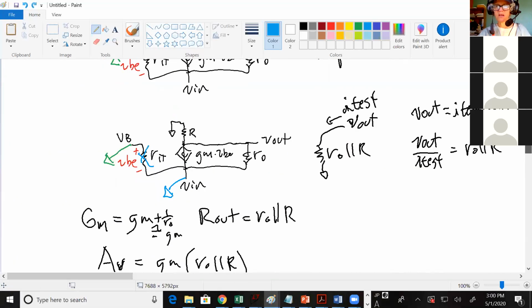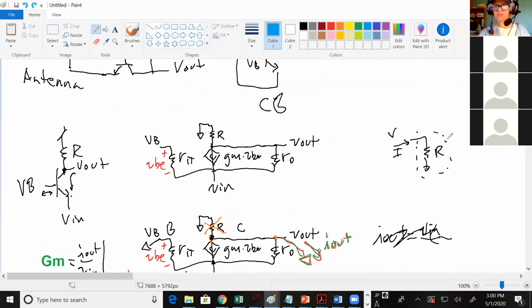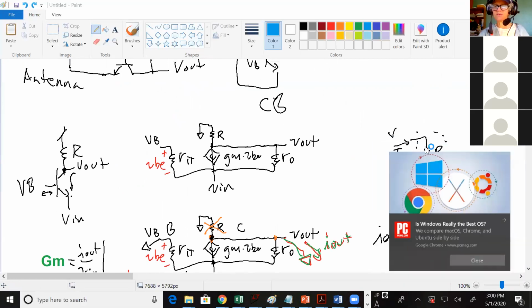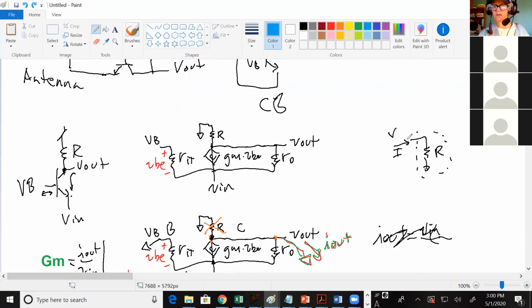When you're looking at a resistor, if somebody gave you a black box, you'd watch the voltage at this node and maybe put some current into it. But the direction of the current to find a resistance is usually into the resistor.